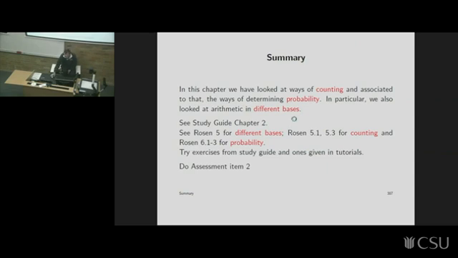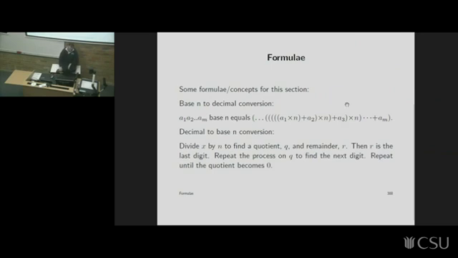So the sort of formulas that we covered, just as a recap: we looked at base arithmetic. We looked at converting any different bases to decimals. There are different ways of writing it down. It's just how to write it down, that's all.